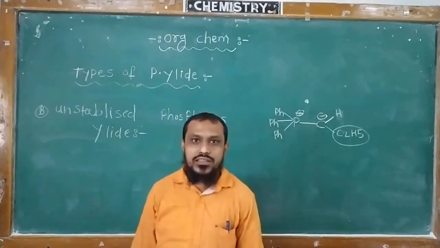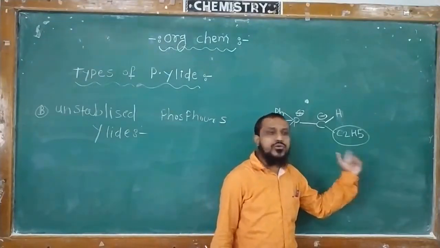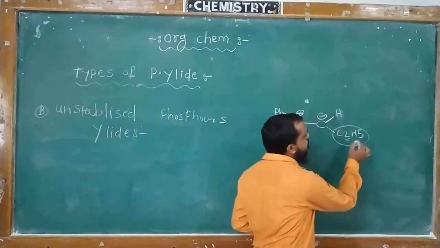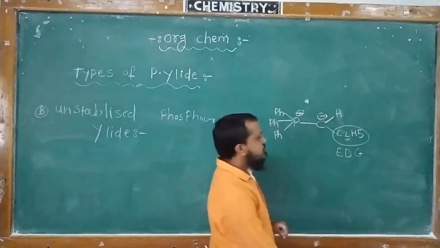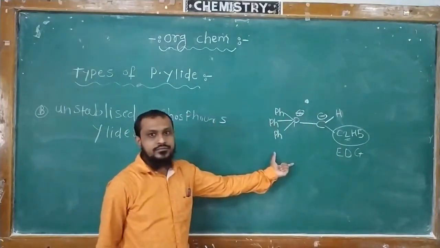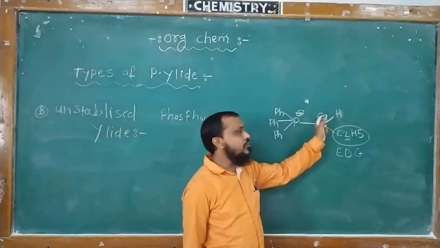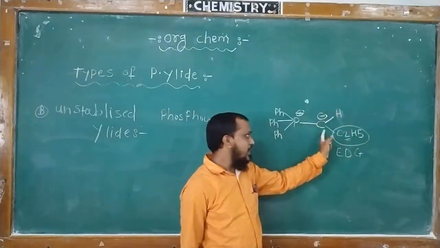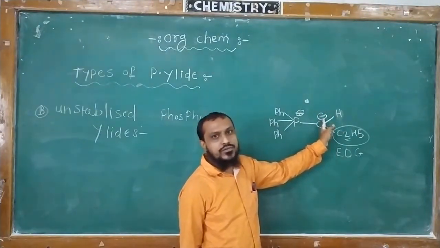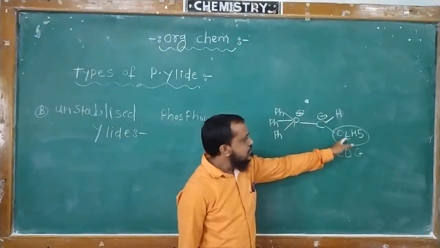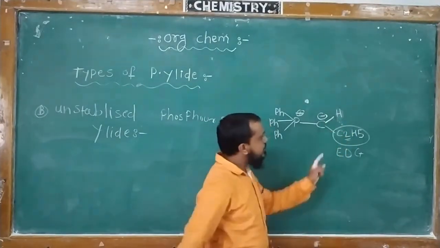We know that all alkyl groups are electron donating groups. So this C2H5 group is an electron donating group. What will happen here? The electron donating group donates electron cloud to the nucleophilic carbon atom of phosphorus ylide. So this is the nucleophilic carbon atom of phosphorus ylide, and this donating group donates the electron cloud to it.